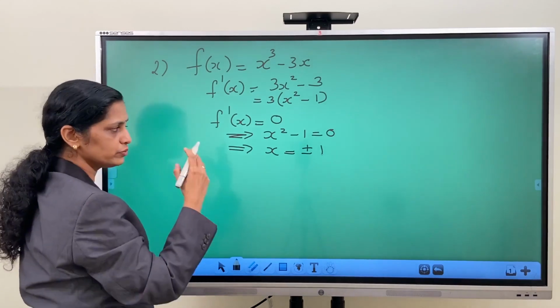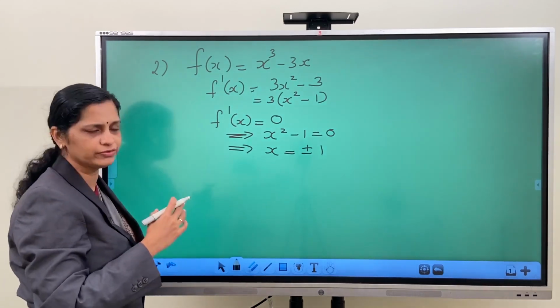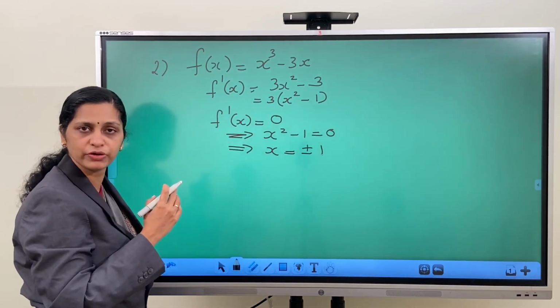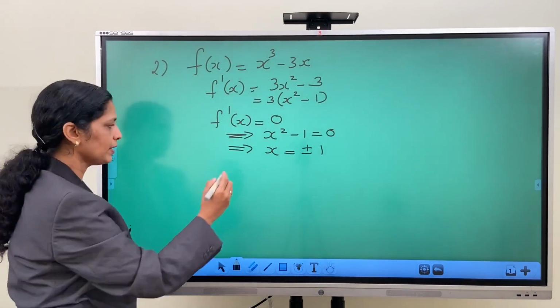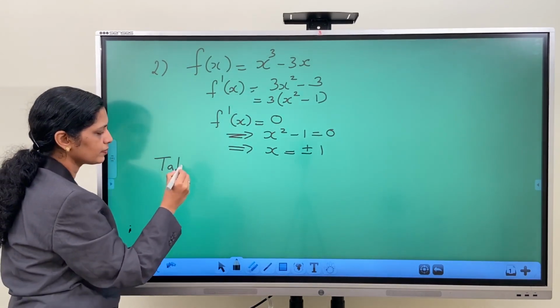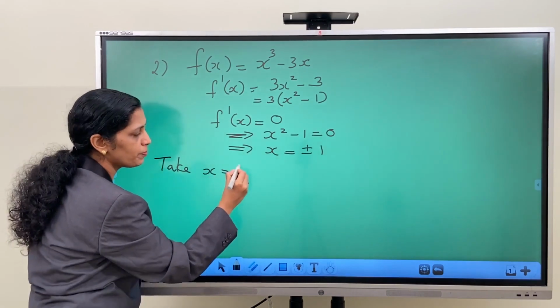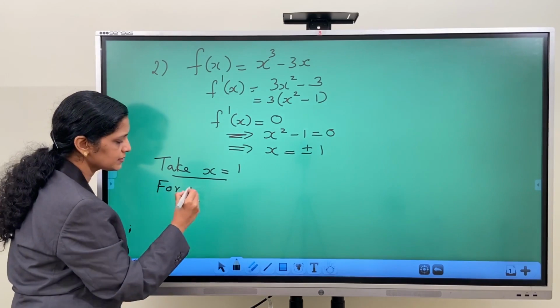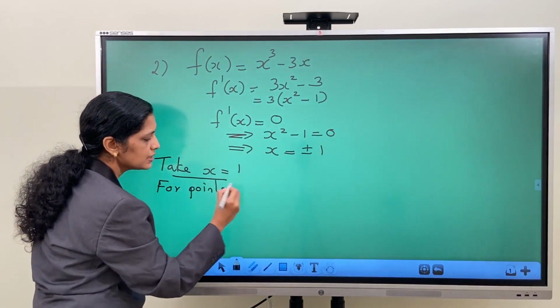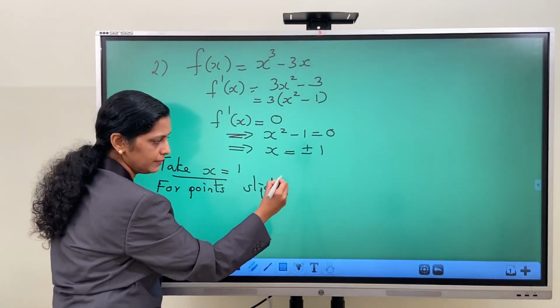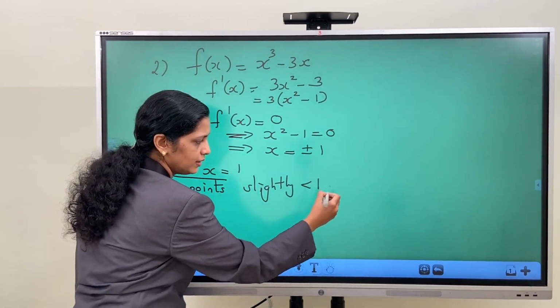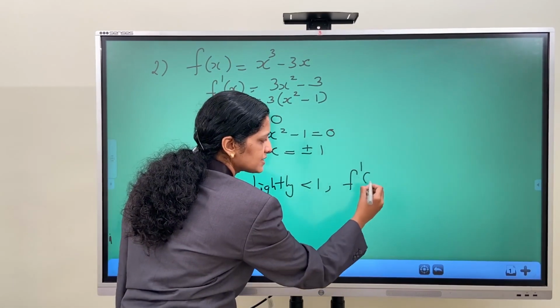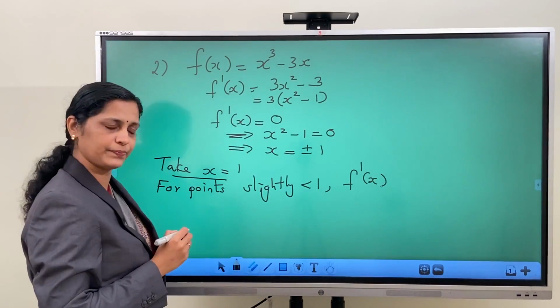Now, we want to know which is the point of local maxima and which is the point of local minimum. Take x is equal to plus 1. For points slightly less than 1, you have to check the sign of f dash x.